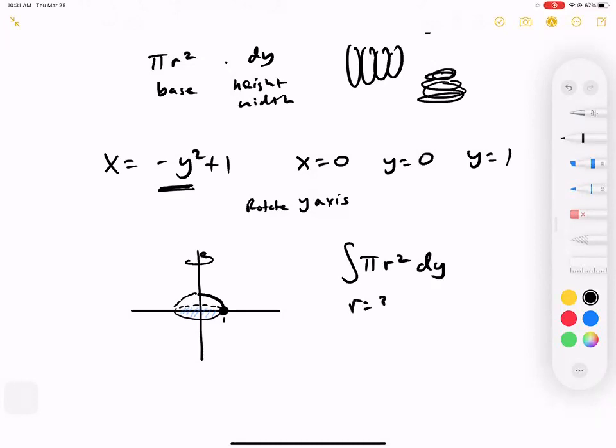What is our r? If you just draw a line using a pencil, it's the function on the right minus our axis of rotation on the left. So the r is negative y squared plus 1 minus 0, or r is negative y squared plus 1. That is the radius of our graph.